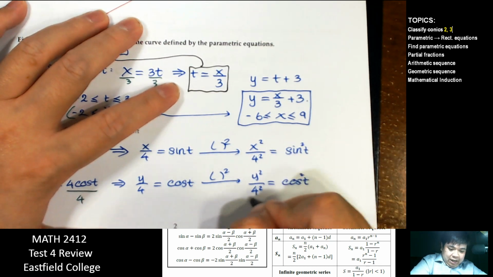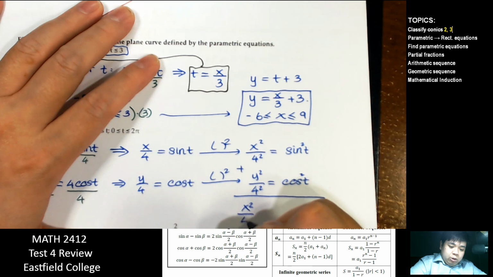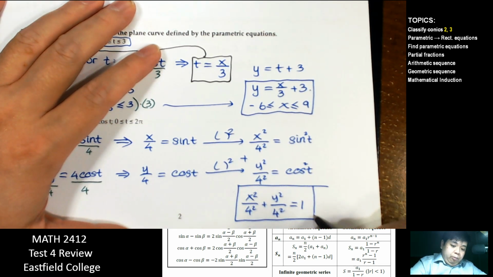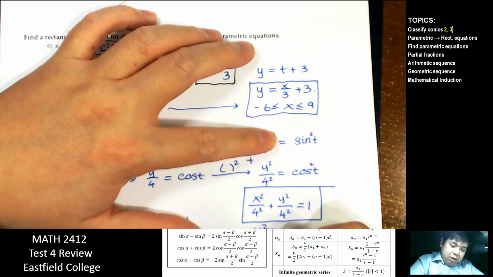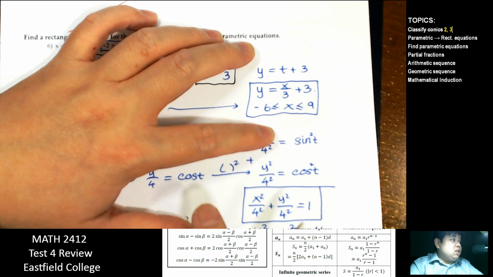And then if we add side by side, x squared over 4 squared plus y squared over 4 squared equal to 1. This is an ellipse, or more specifically, it is a circle. So we just multiply 4 squared on both sides, and we have x squared plus y squared equal to 16 if we multiply 16 on both sides.